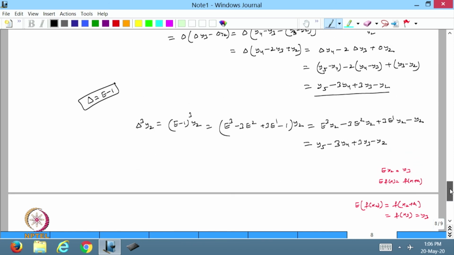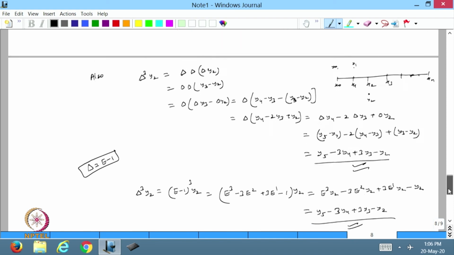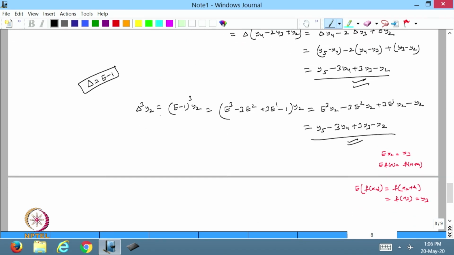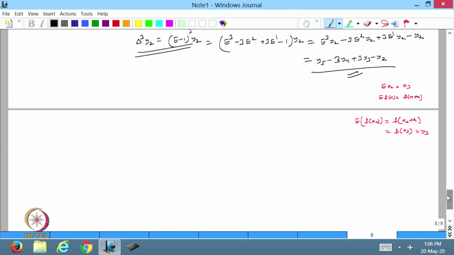If you see, this value and the earlier value are the same. Earlier I applied the forward operator again and again 3 times, but here we get the values by the shift operator, by the relation. So, we can either apply the operator directly, or use the relations between them.